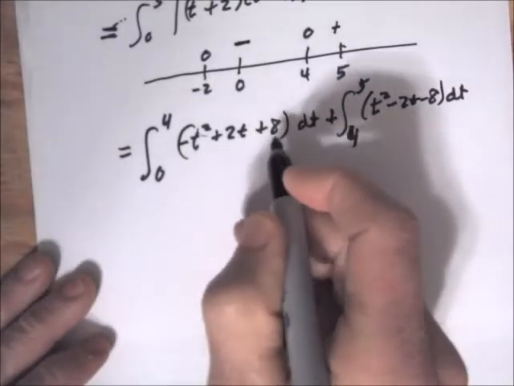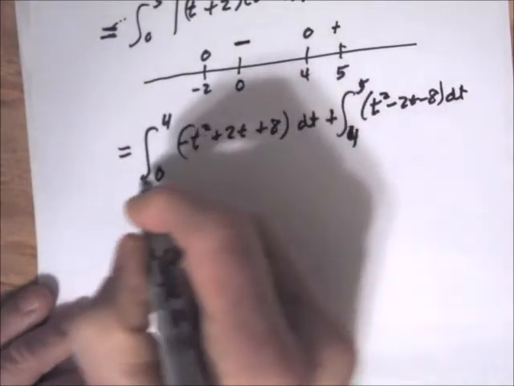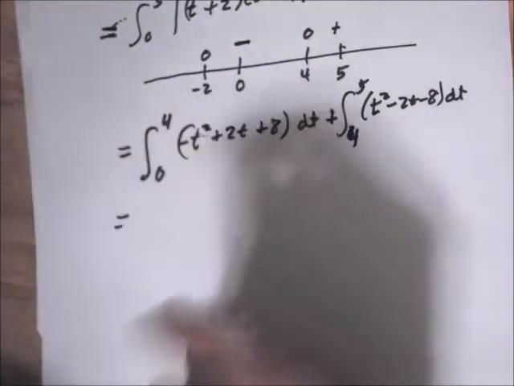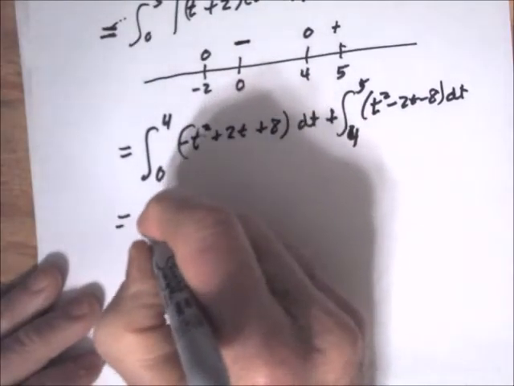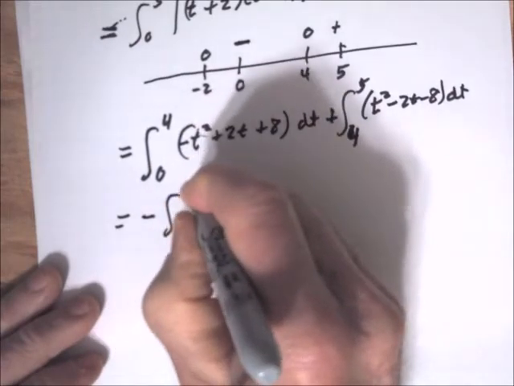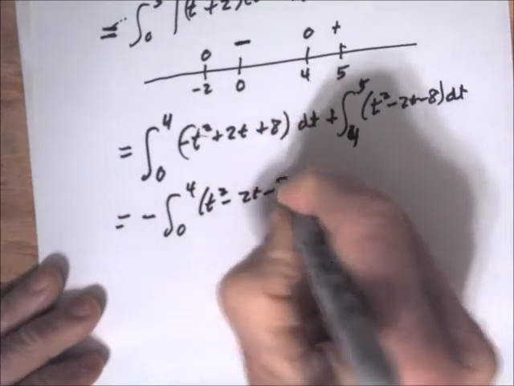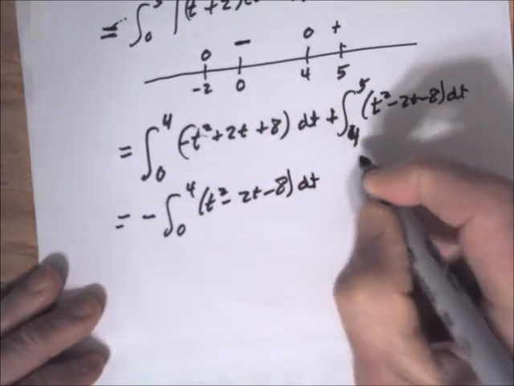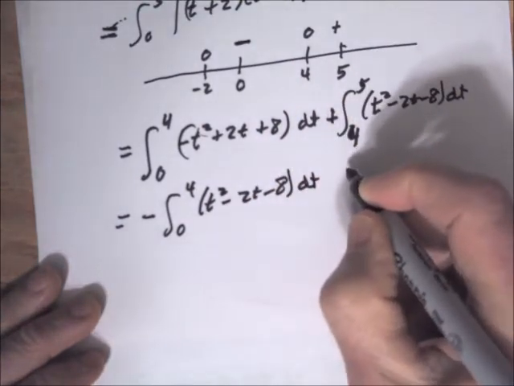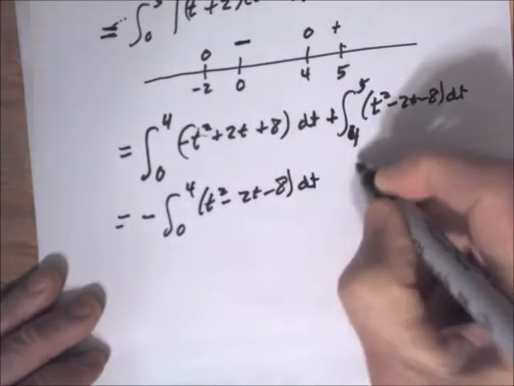This is just going to be equal to minus the integral from 0 to 4 of t squared minus 2t minus 8. We factor out the minus sign, and we already computed this.